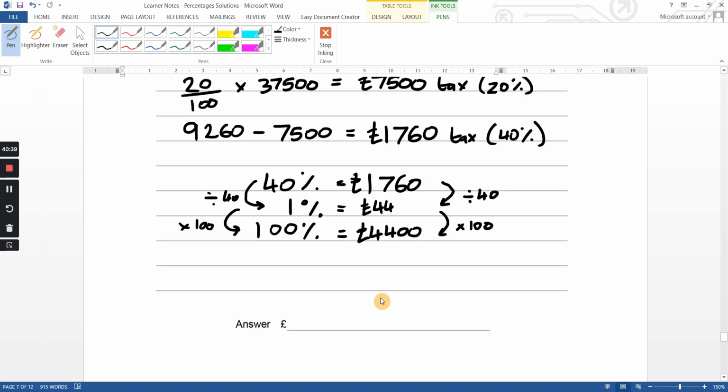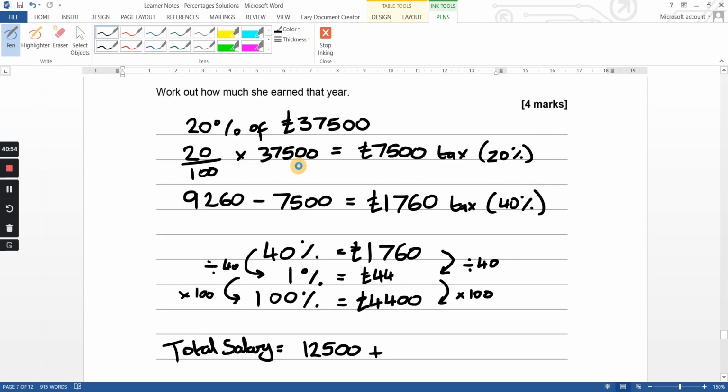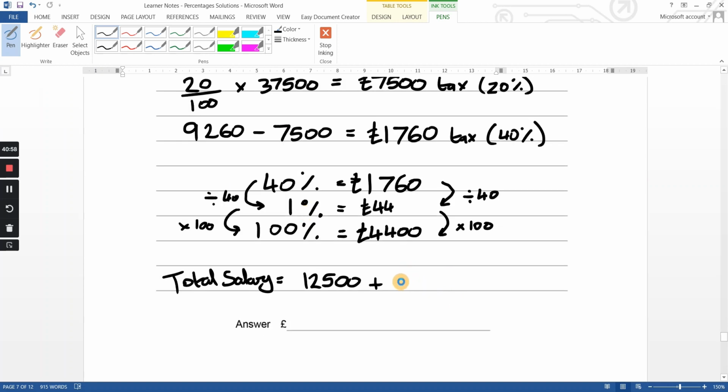So we'll have to add the total salary. The first 12,500, she doesn't get taxed at all. She got taxed on the next 37,500, so she definitely earned that as well. And she got taxed 40% on the £4,400 that was left over.